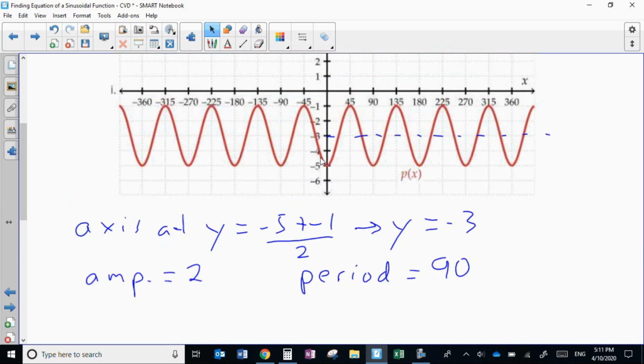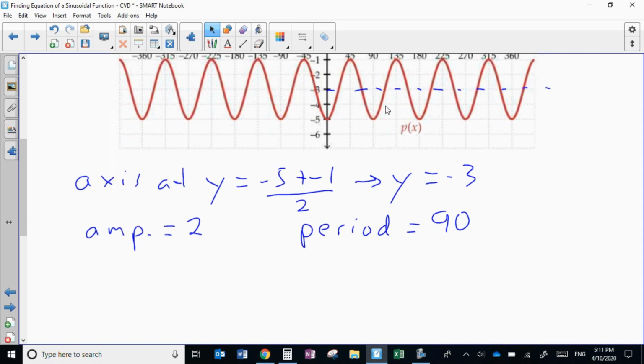Notice this graph starts at its minimum and it goes up. Well, neither sine or cosine starts at its minimum, but cosine starts at its maximum and goes down. So it's possible that we could have taken the cosine function and reflected it, flipped it upside down, and we would get this graph here. So this is a cosine function that's been flipped upside down.